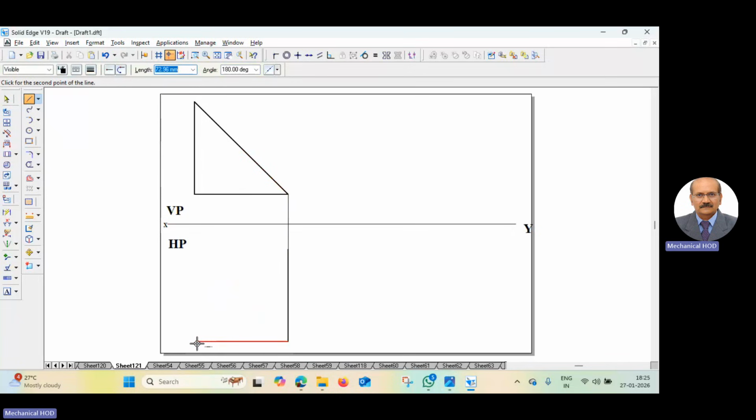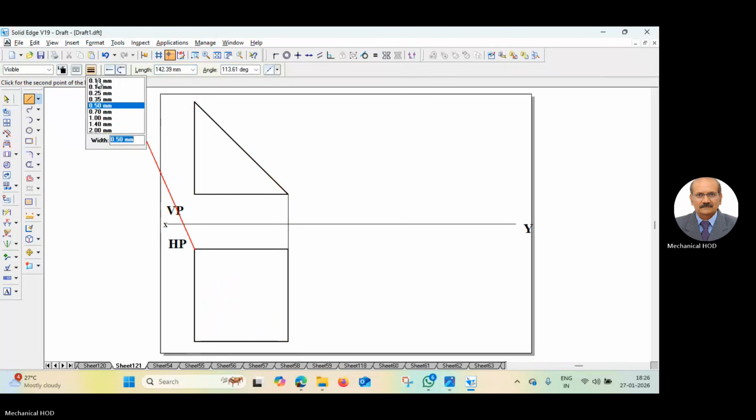I'm using the alignment indicator. 75 from this, also 75 from here. So this is the projection line.